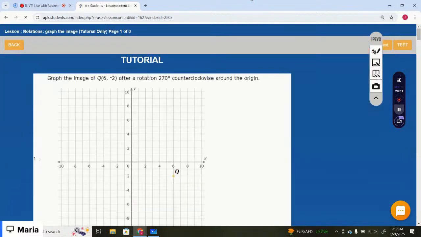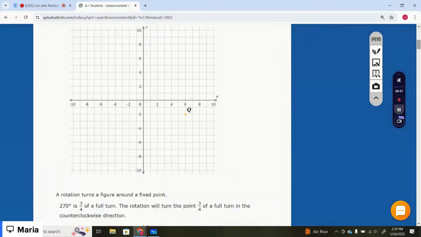The next lesson is rotation: graph the image. Graph the image of Q, 6, -2, after a rotation of 270 degrees clockwise around the origin.